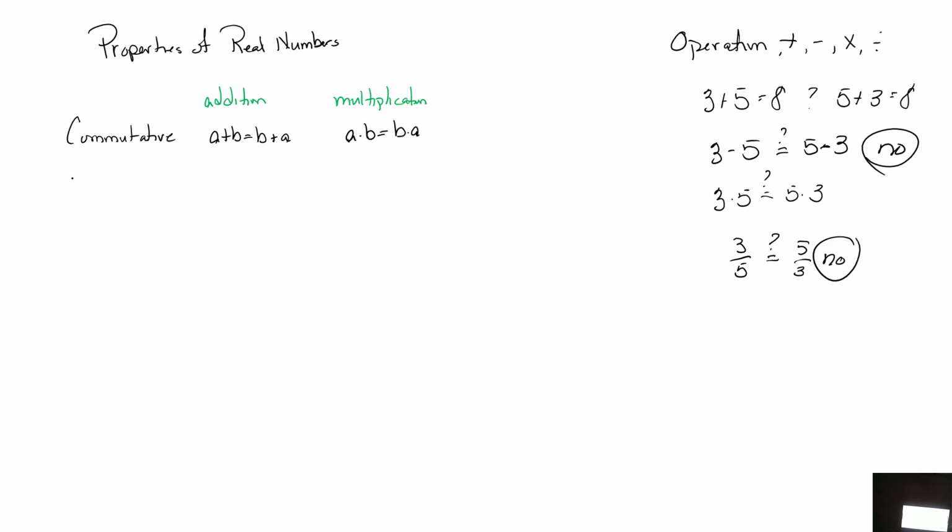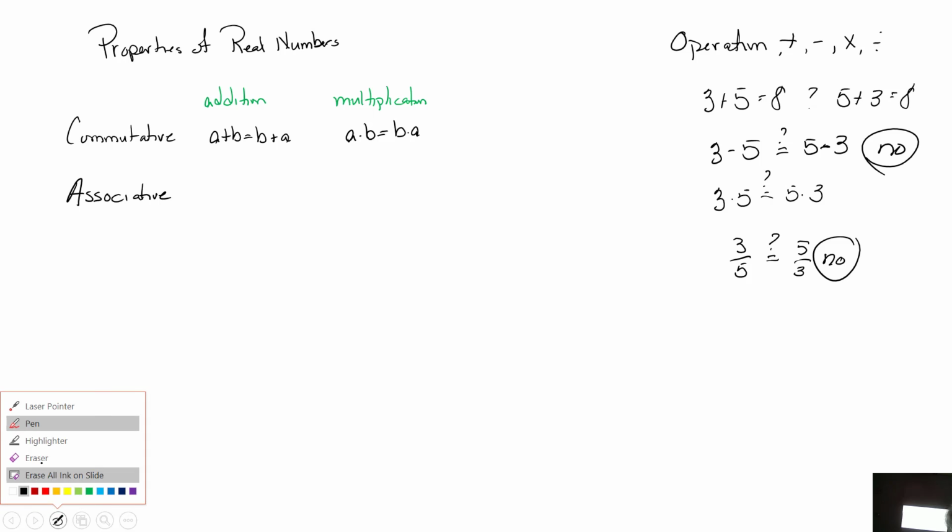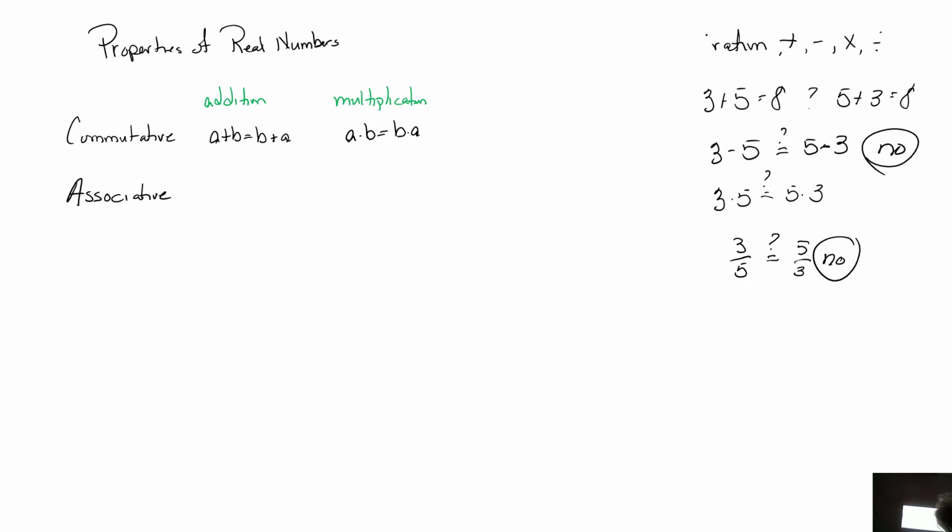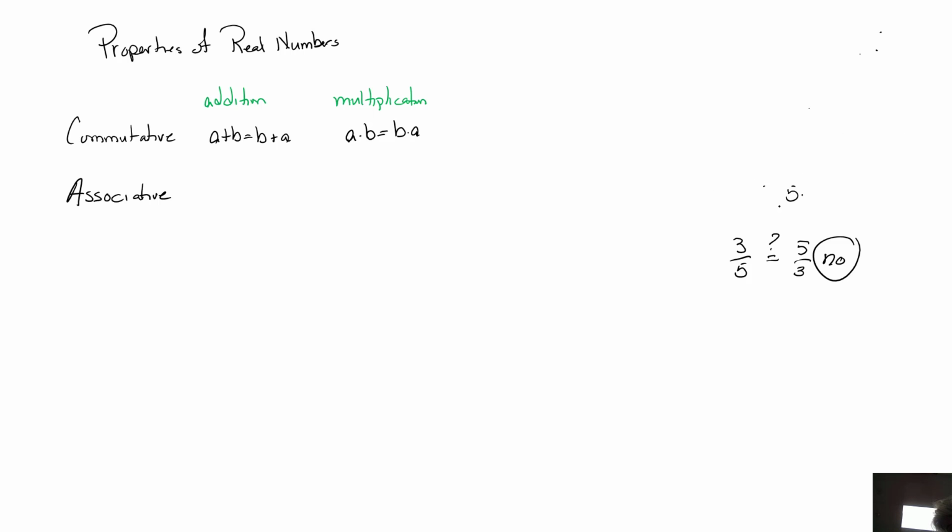Okay, let's talk about another property, and the next property is known as the associative property. So here's the deal with the associative property. The associative property says I keep order, but I regroup my numbers. You're like, what does that mean?